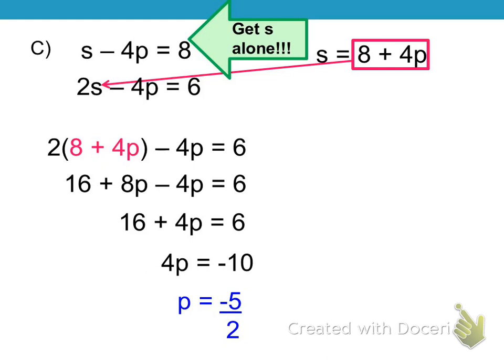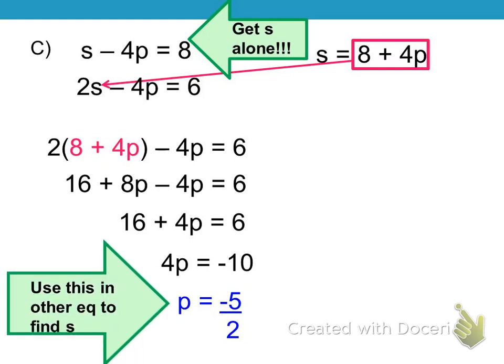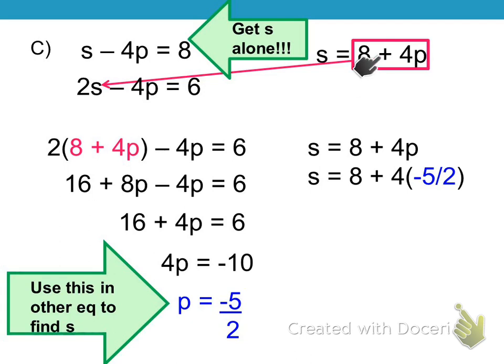Now I'm going to plug that back in to find the s. Okay? So up here, s is already isolated. So I can just plug it in and use the order of operations on the right side to simplify. So 8 plus 4p, but now p is negative 5 halves.